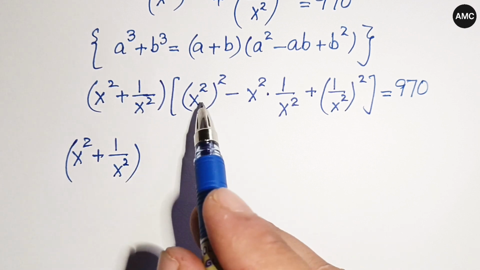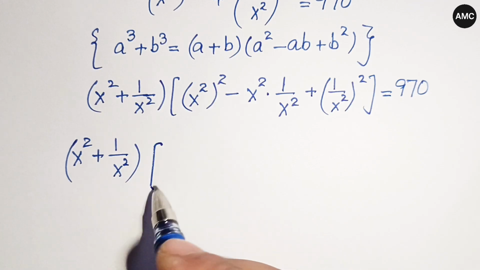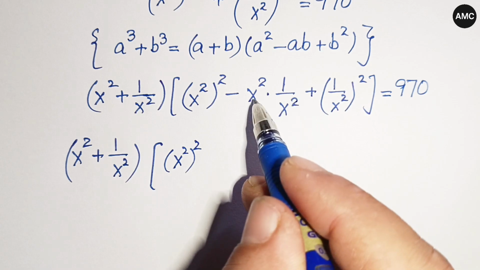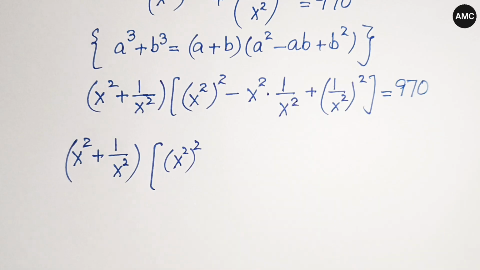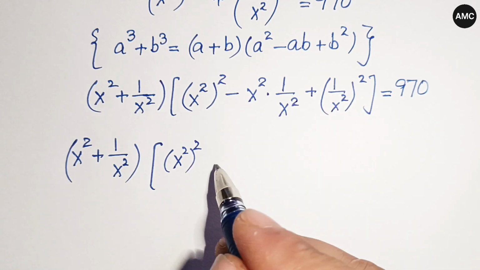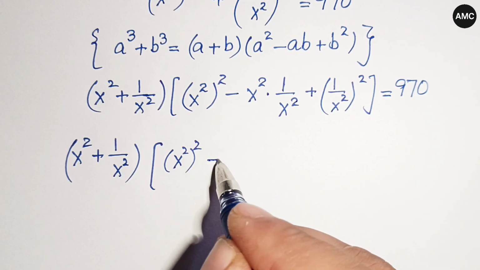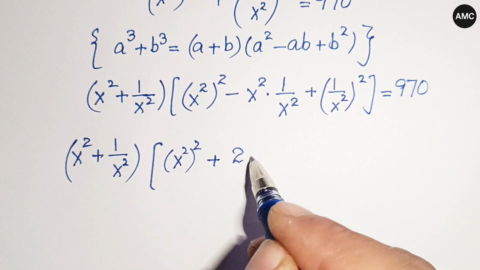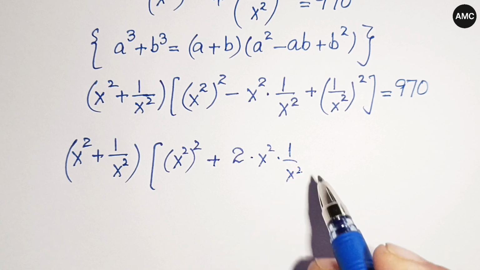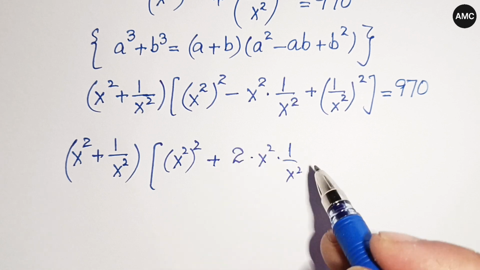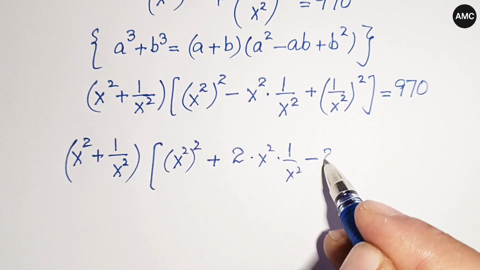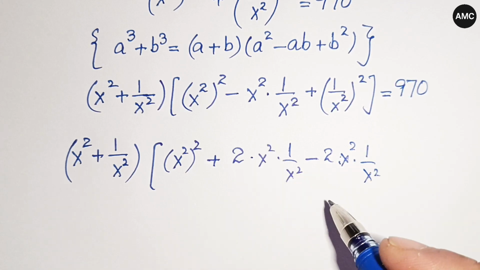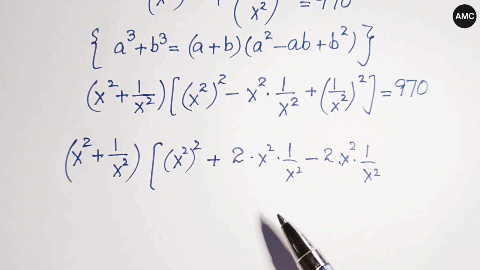Now our next step is x squared plus 1 over x squared. Here we see x squared whole squared, and x squared cancels with 1 over x squared in the middle term, so we get minus 1. If we write this step as x squared whole squared, and here we add plus 2 times x squared times 1 over x squared, and similarly subtract minus 2 times x squared times 1 over x squared, then cancelling this we get 0, so there is no difference.